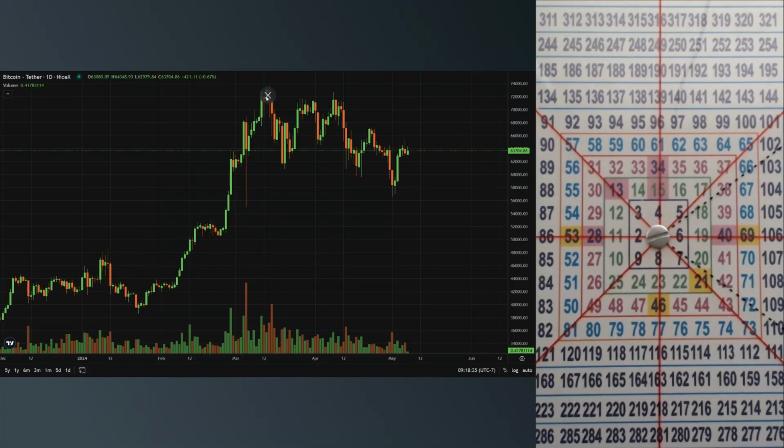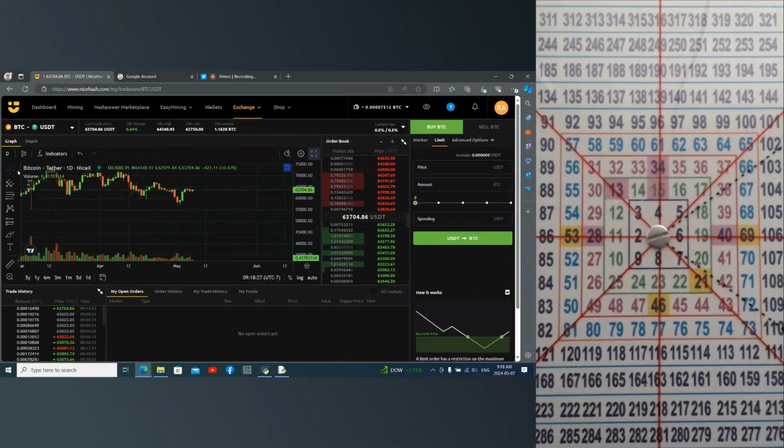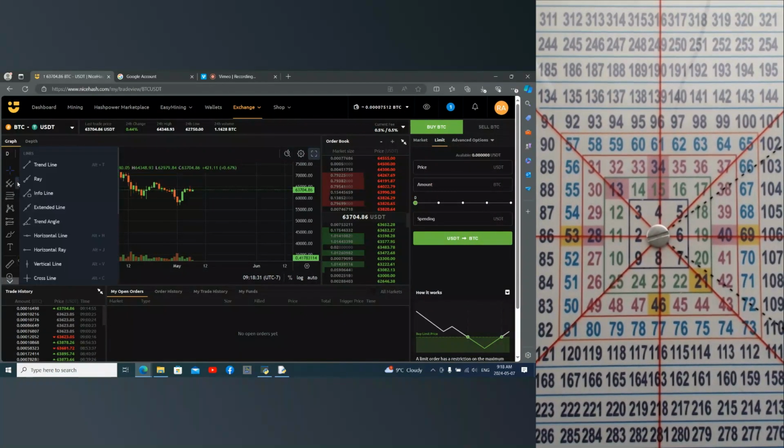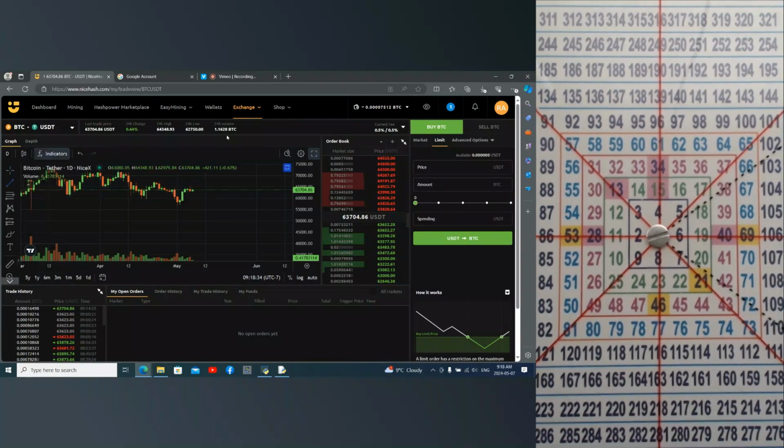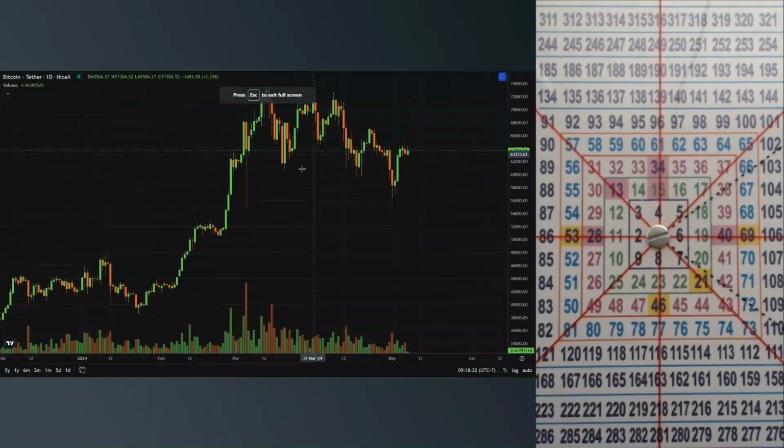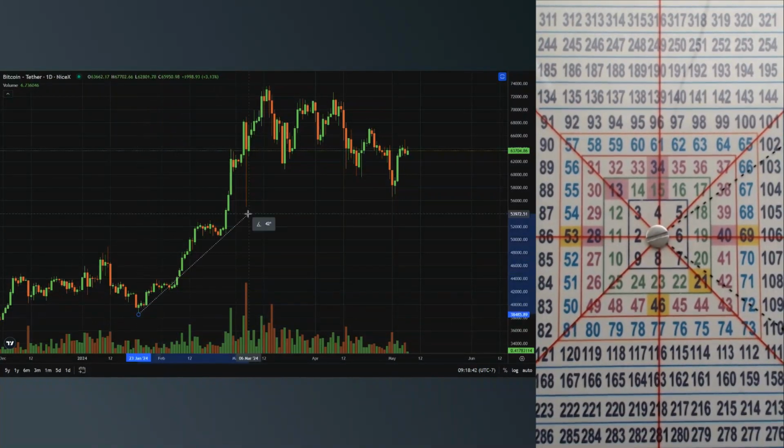Okay, here we are. We're going to get our handy dandy trend lines. Sorry, it's up here. And we're going to just start from there and grow our chart. So what are we doing? Well, first of all, we need to establish a 45-degree angle.